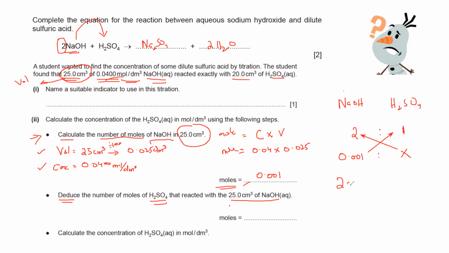So 2x equals 0.001 and x equals 0.001 divided by 2, which equals 0.0005. So that will be the moles of sulfuric acid that will react with the moles of sodium hydroxide.